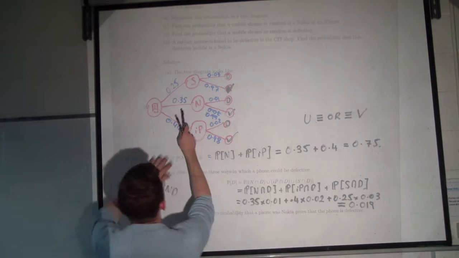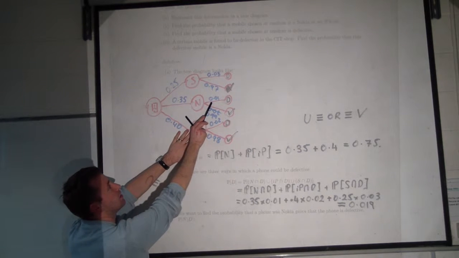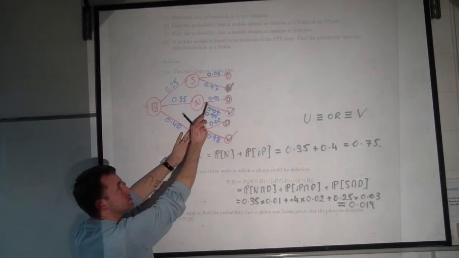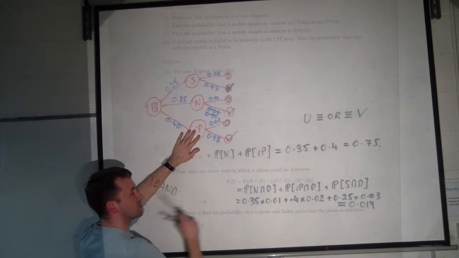Because the majority of phones are Nokia. If you forget the iPhones, most of the other ones are less than 2%. So they'll count more, and that's why you get an answer less than 2%.